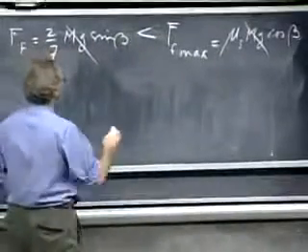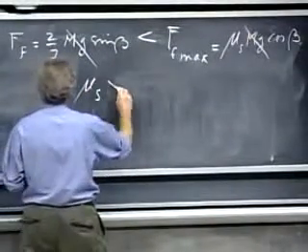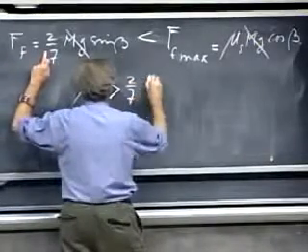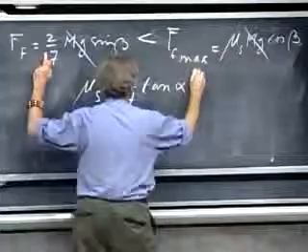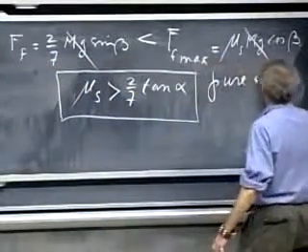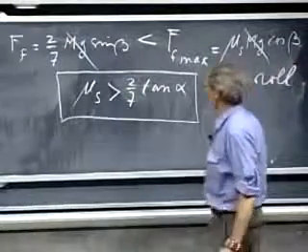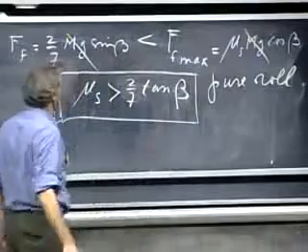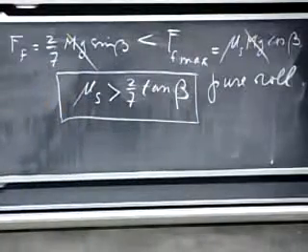And so a necessary condition is that the static friction coefficient must be larger than 2/7 times the tangent of beta in order to have pure roll. Not alpha, I don't know what is wrong with me. Beta.